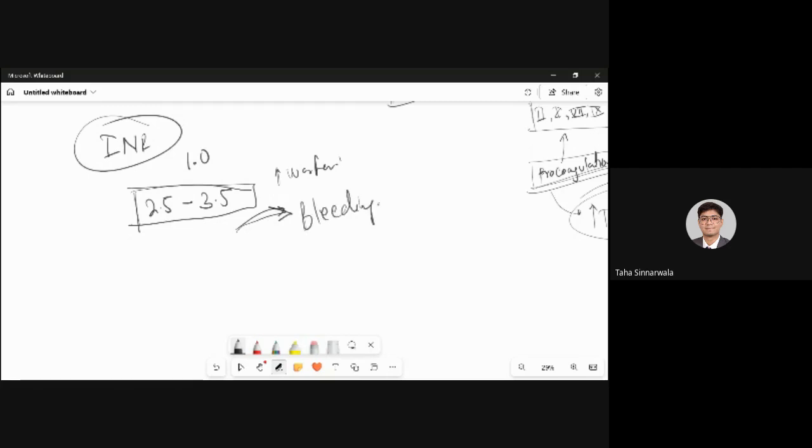Why? Because bleeding is a component of warfarin toxicity. On the other hand, if you give the patient less warfarin and the INR is less than 2.5, that means you've not given the patient enough warfarin and you have increased risk for thrombosis.